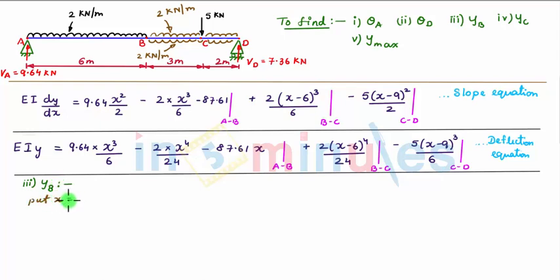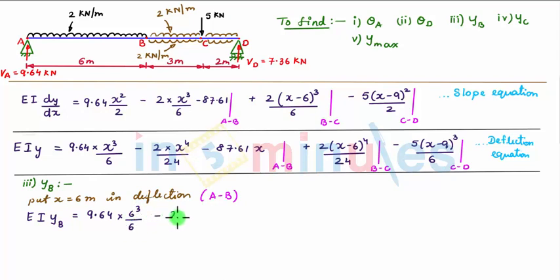Now putting x equal to 6 meter, since point B is at a distance of 6 meter from A, in the deflection equation, and considering the equation up to the first partition, that is between point A and B, we have EI into YB is equal to 9.64 into 6 cube by 6 minus 2 into 6 to the power 4 by 24 minus 87.61 into 6 first partition.